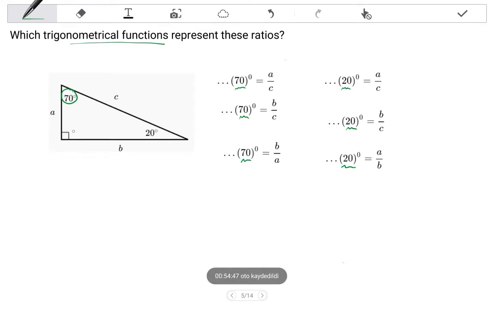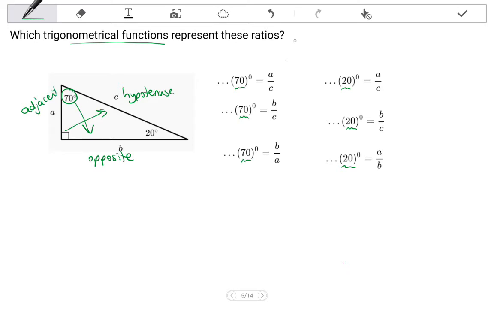Hypotenuse is always the opposite of 90 degrees, and this is here. The letter C represents hypotenuse. According to the place of 70, the opposite side is B, and adjacent is A.